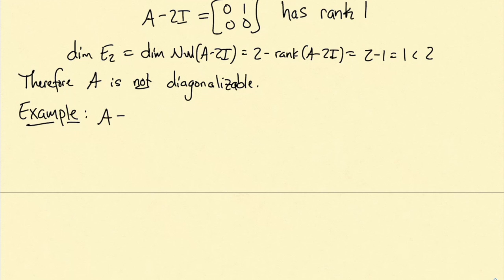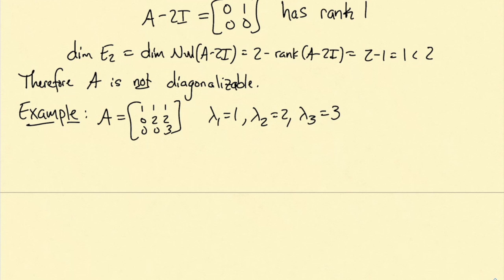Let's do an example. We've seen that the eigenvalues for this matrix are 1, 2, and 3. Because we have distinct eigenvalues, we know that this matrix is in fact diagonalizable. And we saw last time.